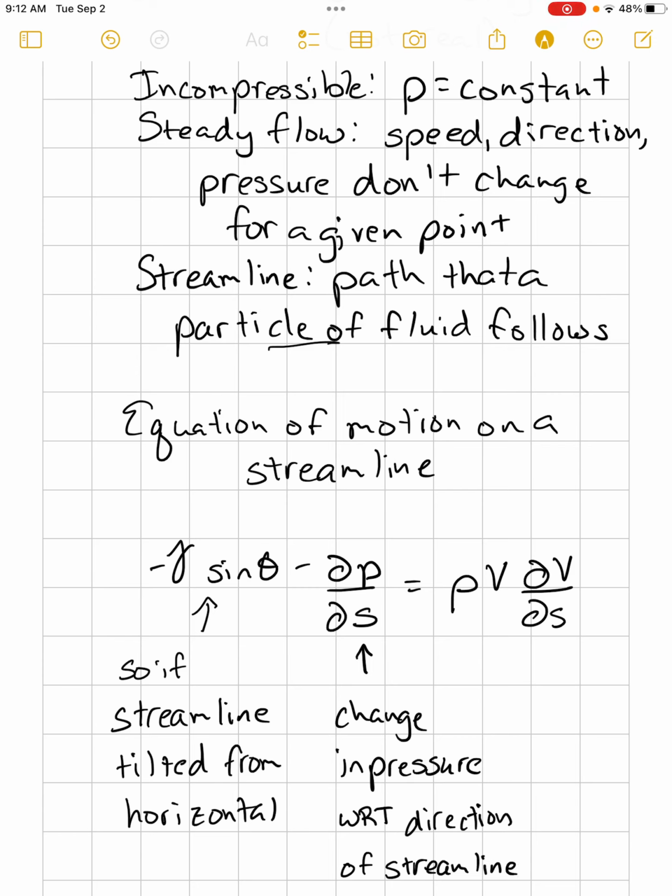If it's completely horizontal, that ds turns into an x. If it's completely vertical, that would turn into a y. And then this term is the change in velocity relative to the streamline direction.